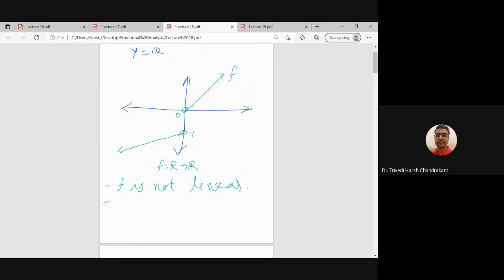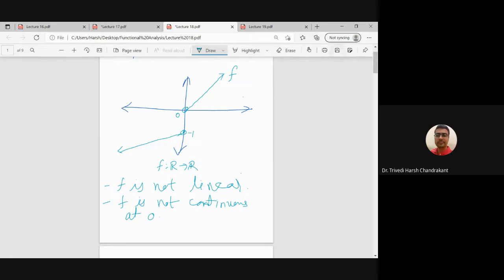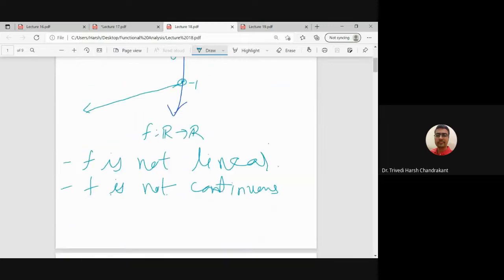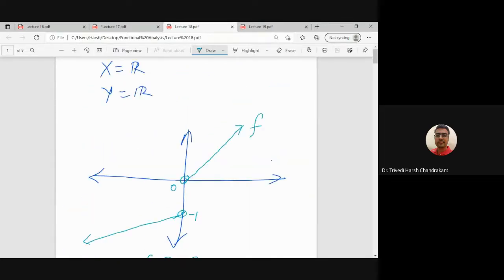And from the graph itself, it is clear that f is not continuous at 0. So the theorem also we can apply, but here we are discussing through the graph only. So that is just the example.